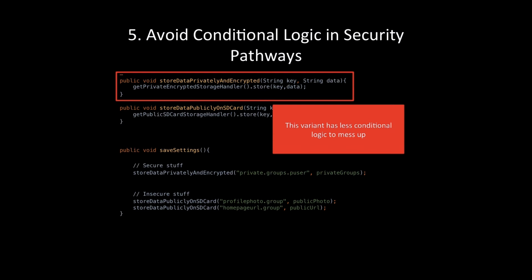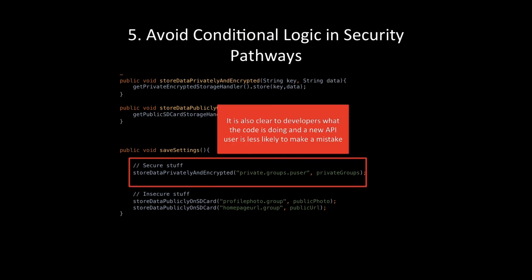The second thing is we're going to make the semantics and the intention of these methods much more obvious, because store data privately and encrypted is pretty clear. Store data with security level max is less obvious as to what that means.